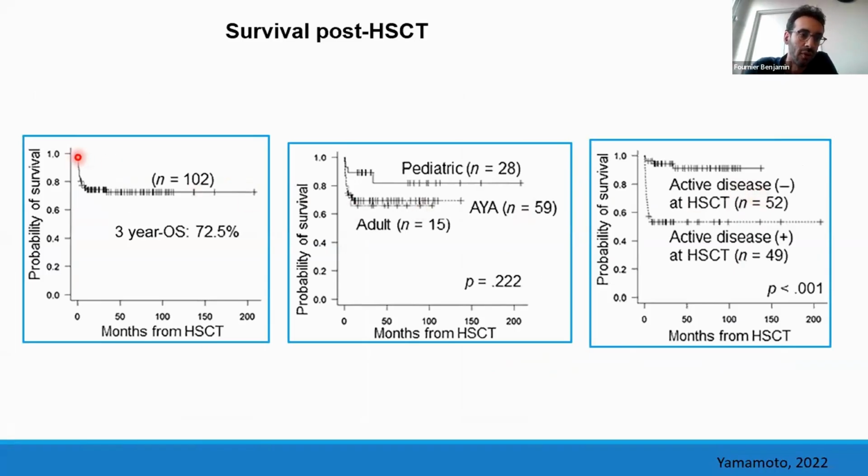You can see that overall, the percentage of survival is better, but is not so good after HSCT. Pediatric patients seem to have a better outcome. And what is very important is that you should try to have an inactive disease at HSCT, because the prognosis is much better when the disease is controlled at HSCT.